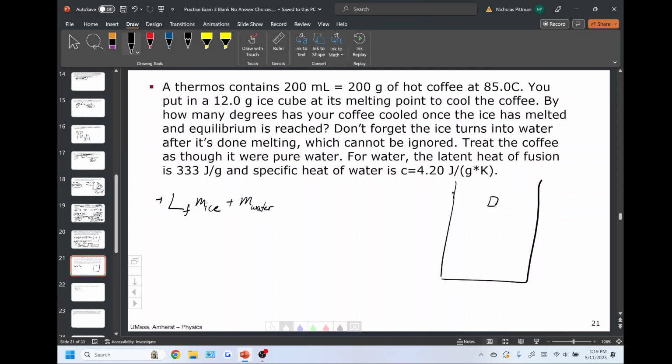They automatically come with the correct sign if you just use plus signs in front of them. Okay, so here's MC delta T for coffee, here's MC delta T for water, and here's the term coming from the fact that the ice is melting.